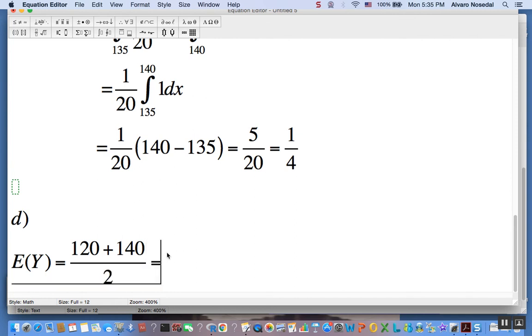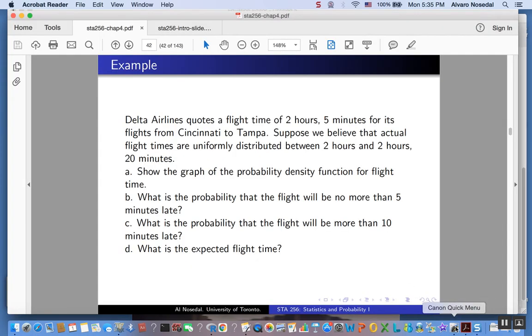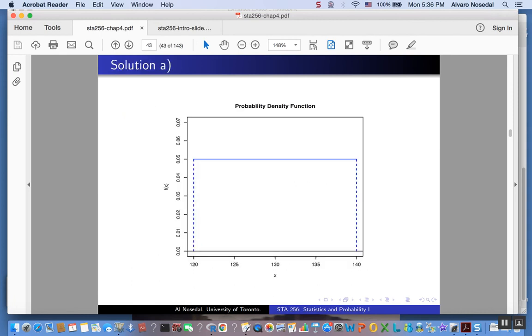So that's 260 divided by 2, and that happens to be 130. So our intuition was right, that the center of that graph is 130. That's the expected value for a continuous uniform random variable, the center of that graph. Okay? Finally, just let me show you something.